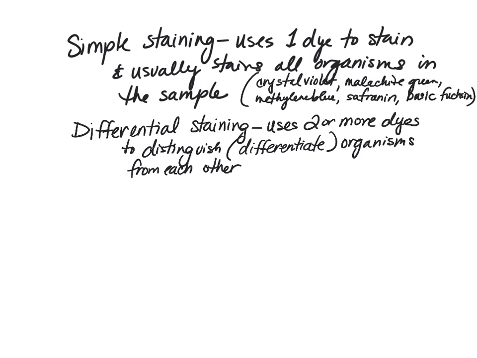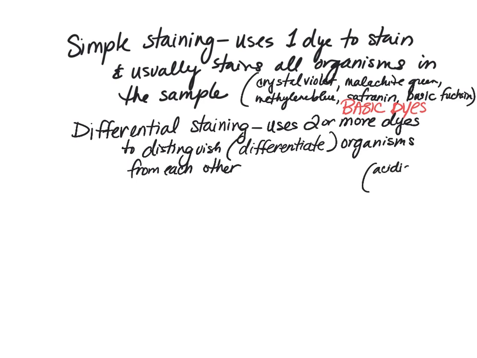So those are some examples of basic dyes that can be used as simple stains, but some of those are also used in differential staining. But we also have our acidic dyes. I'm running out of space up here, so these were examples of basic dyes, and let me put some examples down here of acidic dyes.